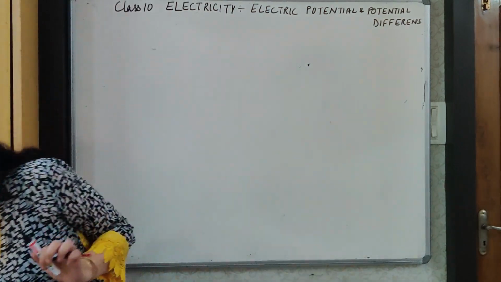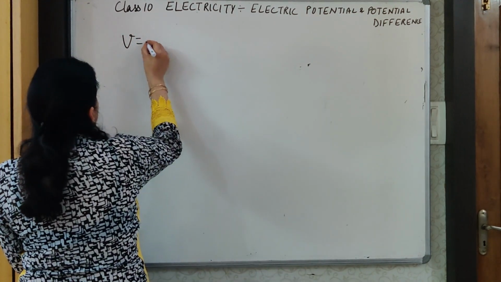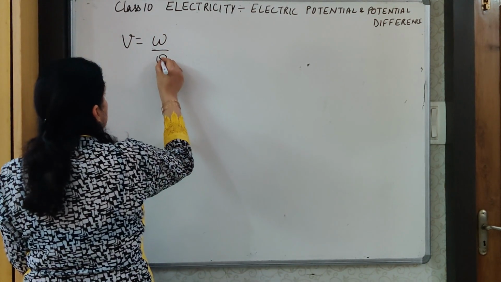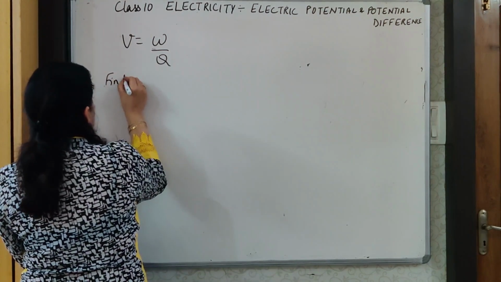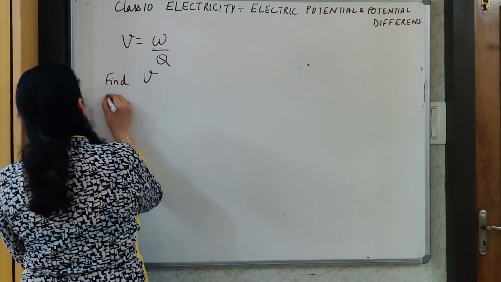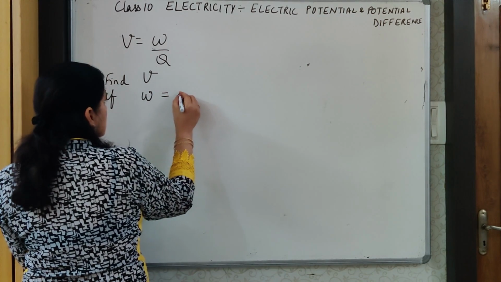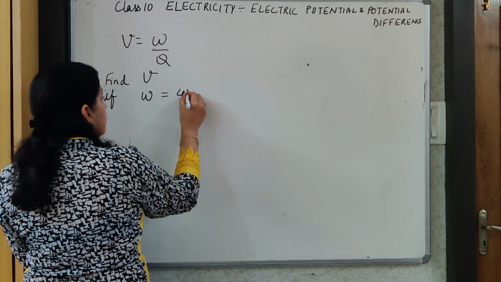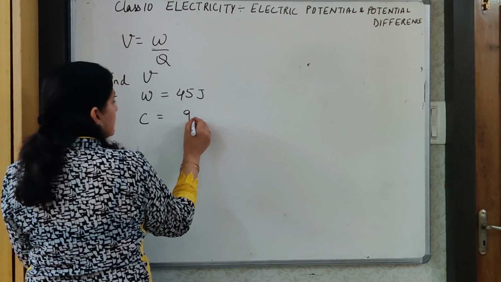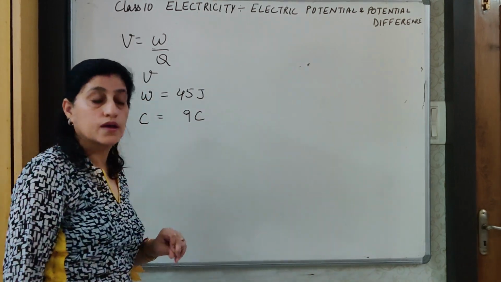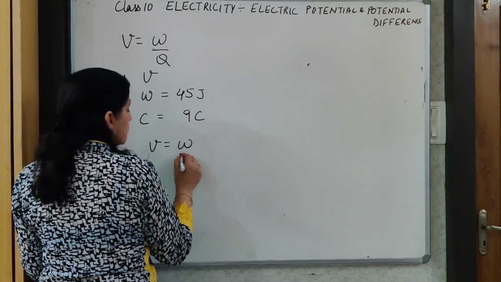So here we have the formula V is equal to W upon Q, and let's find the potential difference. Find V if work done is equal to, say, 45 joules to move a charge of 9 coulomb. Very simple it is. V is equal to W upon Q.